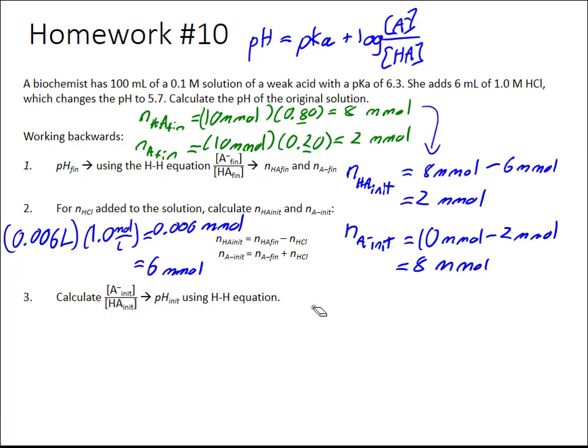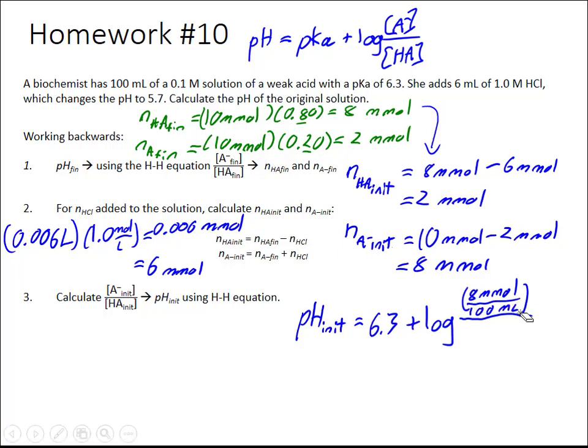So now we can set up the Henderson-Hasselbalch equation and calculate that the initial pH is simply the pKa, 6.3, plus the base 10 log of 8 millimoles over 100 milliliters on top. That's our concentration because our starting volume was 100, divided by 2 millimoles over 100 milliliters.